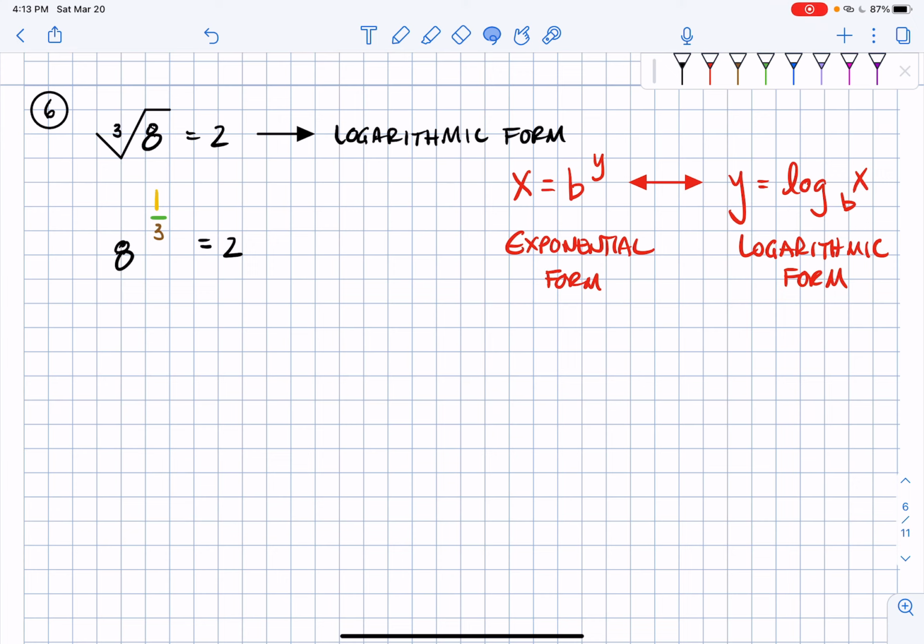This right here is my base, so my base is now no longer with the 1/3, now the base is with the 2.